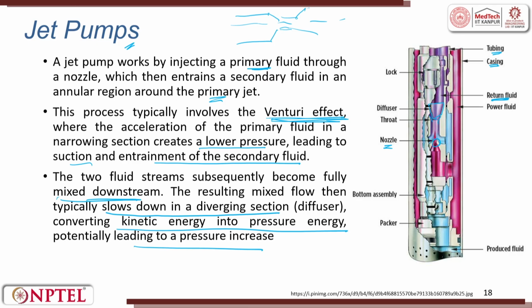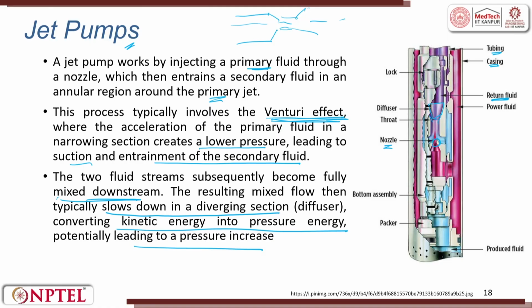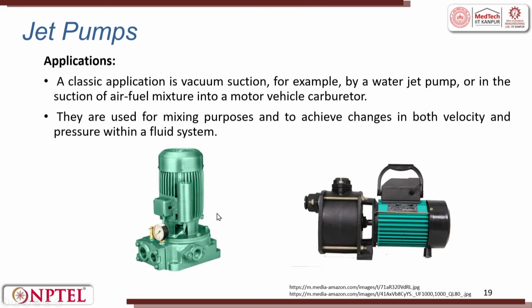Jet pump is a complex phenomenon, but it finds wide applications today. It has a primary fluid and a secondary fluid. The two fluids become fully mixed downstream, resulting in a mixed flow, which slows down in the divergent section and converts the kinetic energy into pressure energy. So, these are the applications.